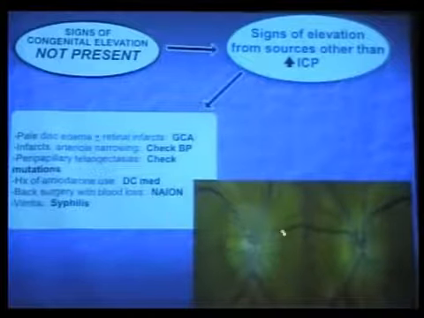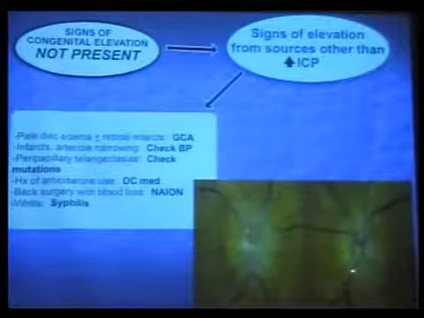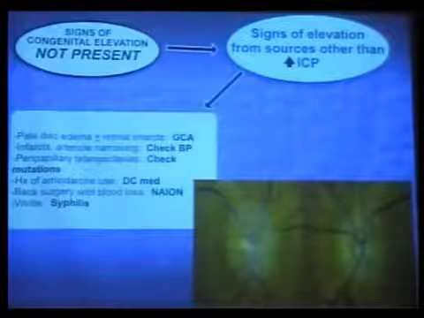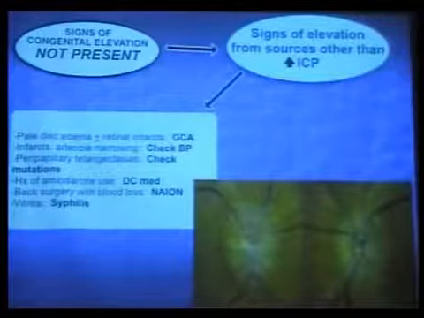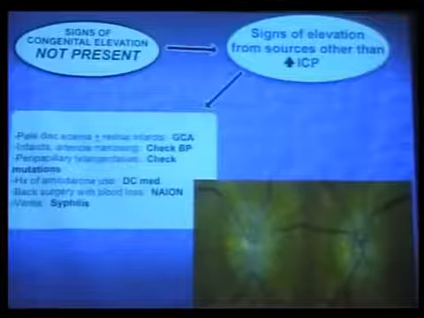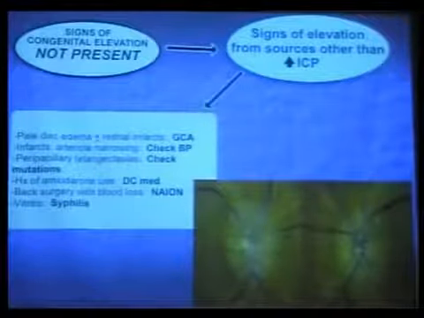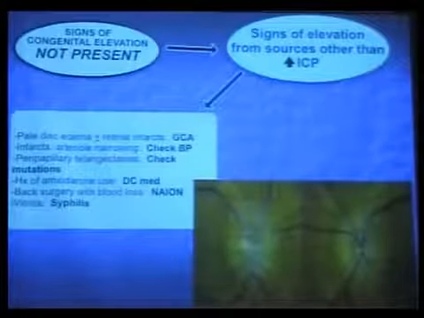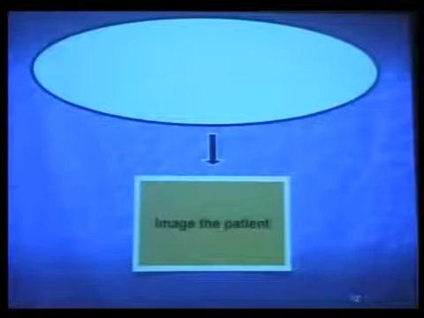And this is a patient who had bilateral swollen discs and a couple of cells in the vitreous and turned out to have syphilis. So there are other causes of bilateral acquired swollen discs that are not due to increased intracranial pressure, but largely there are other clues, like in this one, the cells in the vitreous, in the hypertensive, the infiltrates, etc. If you really cannot tell if a patient's optic disc elevation is acquired or congenital, I think it's reasonable to do an MRI scan on the patient.